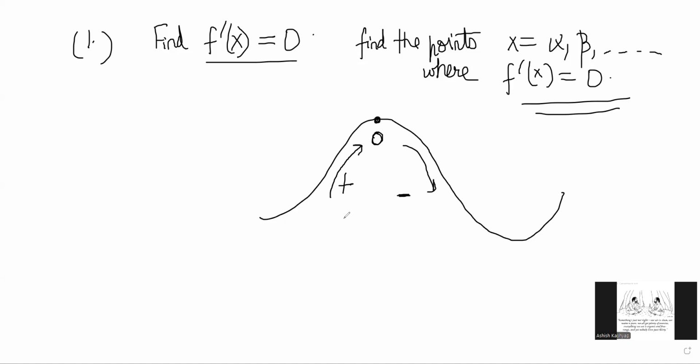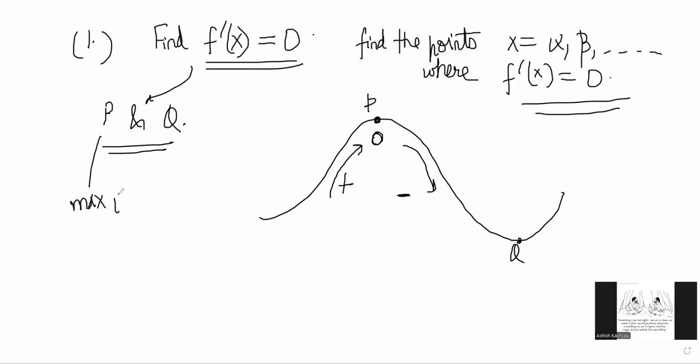So once you have found 2 points, let's say P and Q, you can see these are the points where the derivative is 0, right? After this, you have to decide whether we have a maxima or a minima here, and the same thing for Q also.